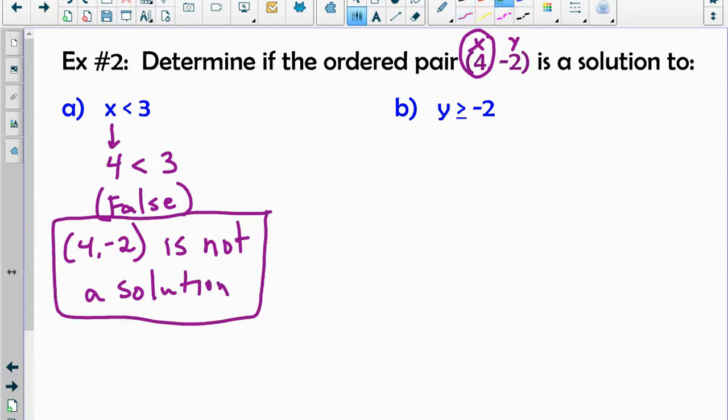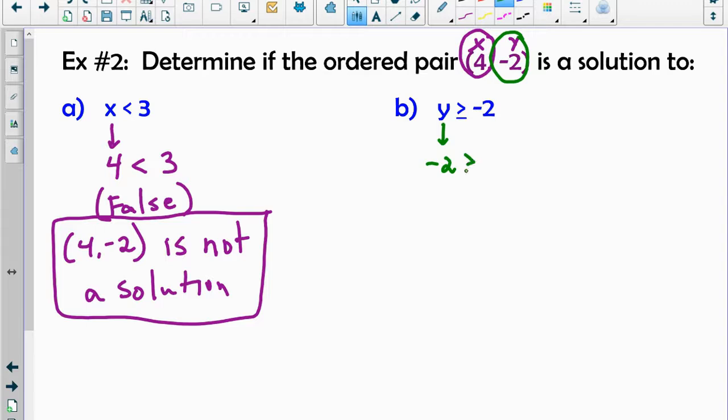For part B, the inequality we're testing is y is greater than or equal to negative 2. Notice the inequality symbol points to the right, so that's a greater than symbol. So I am going to take the y coordinate, because that's the only variable in my inequality, and I'm going to replace the y with negative 2.